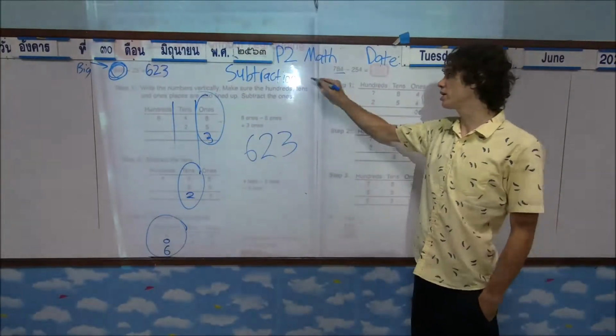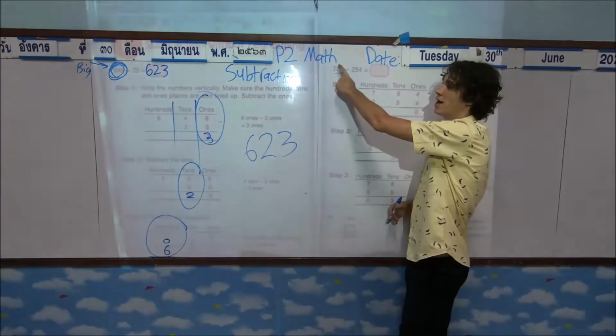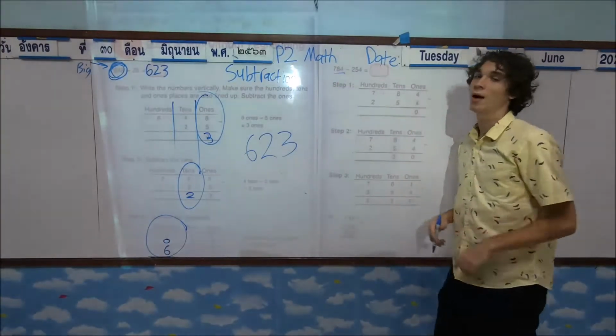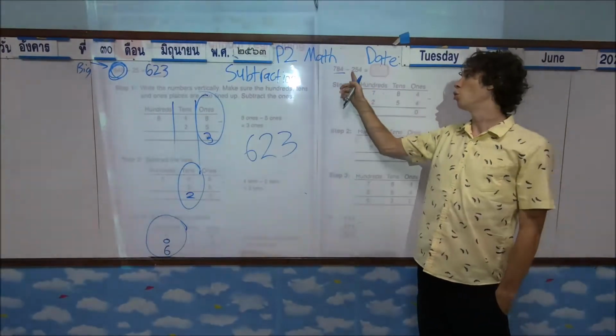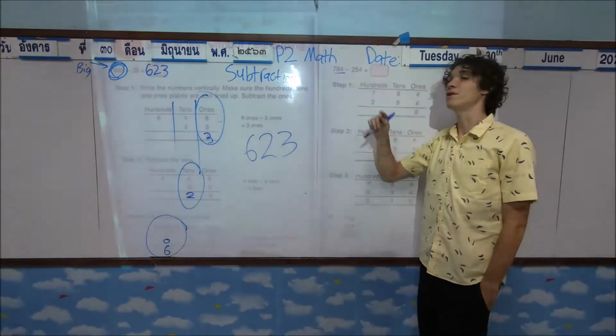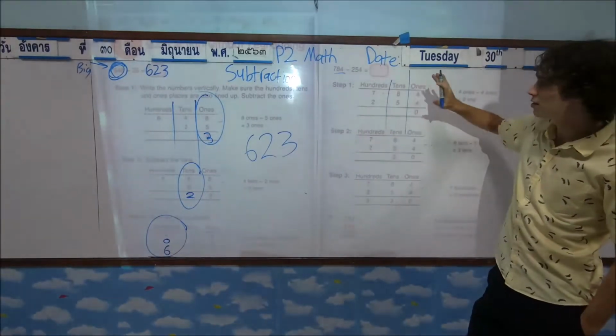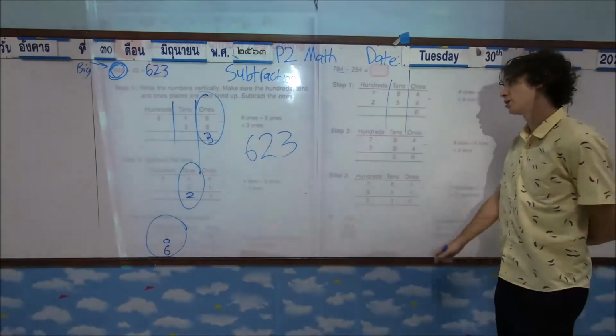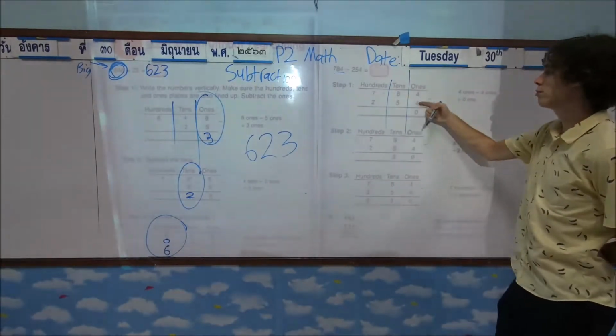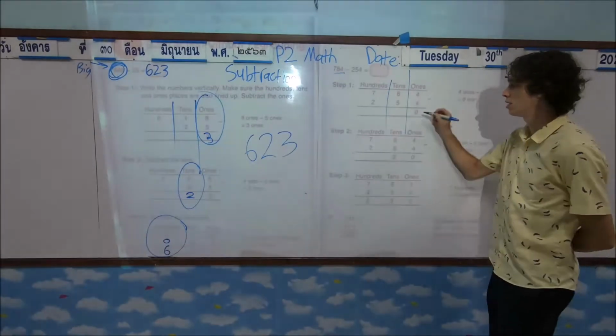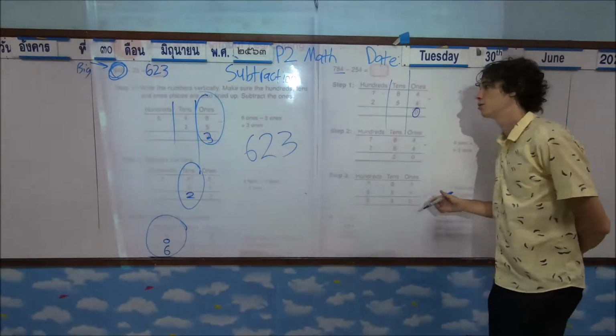Okay, let's start. Big number, 784 minus 254. Let's write it up and down. Ones, tens, hundreds. Okay, 4 minus 4 is 0.